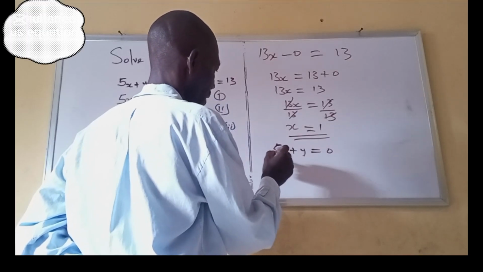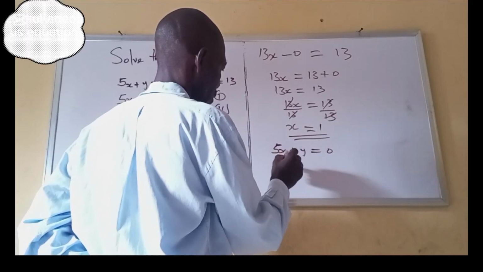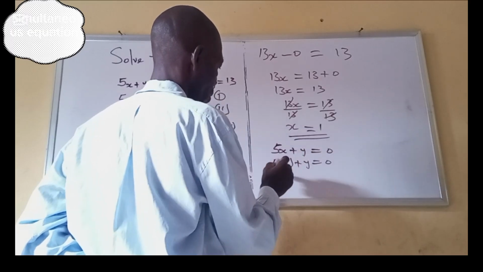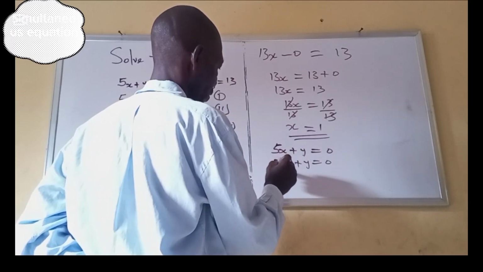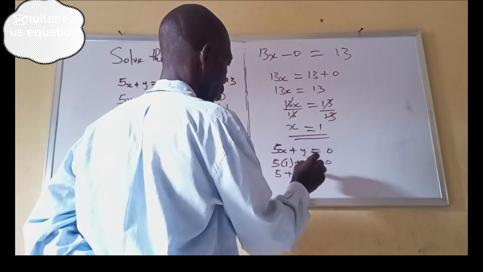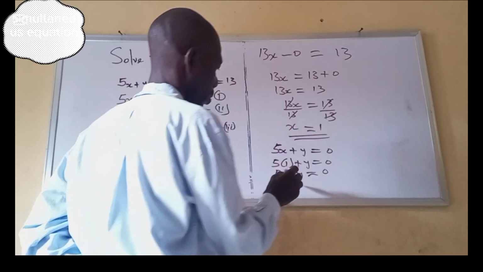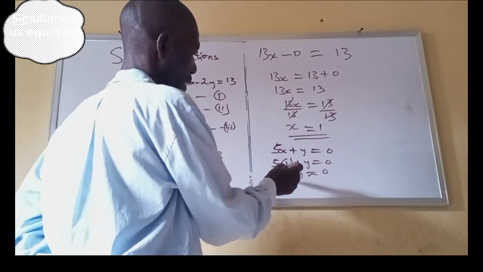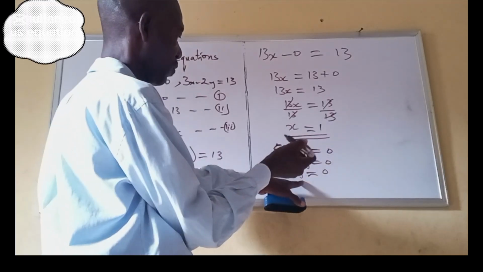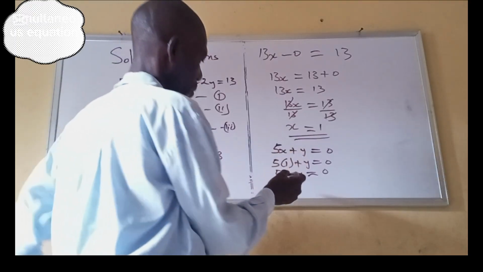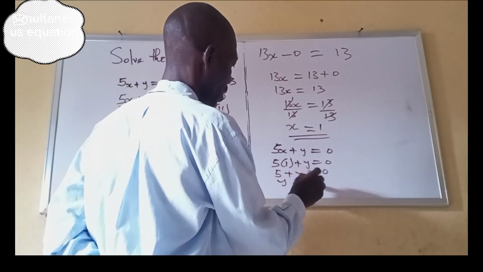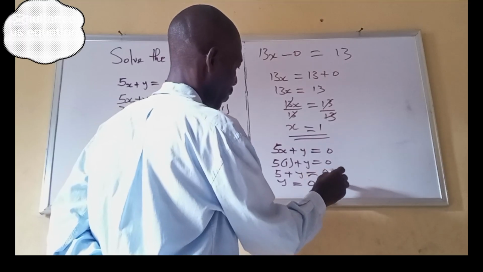So you have 5 bracket 1 plus y is equal to 0. So you have 5 times 1, that is 5, plus y is equal to 0. So 5 will cross to this side because this is the variable we want to find. So it's going to be y is equal to 0 minus 5.